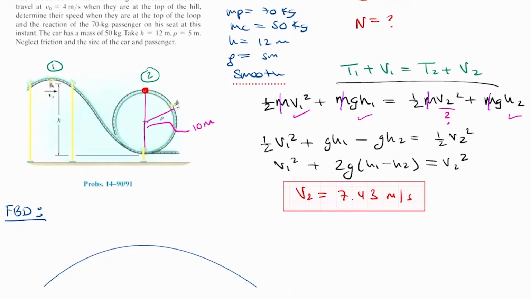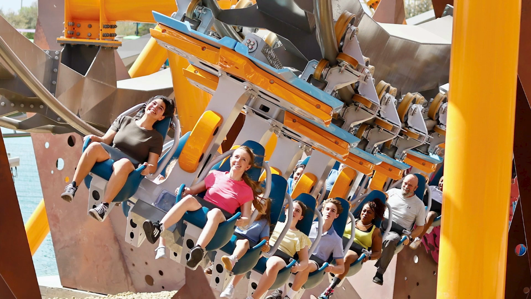At this point it will be upside down. This is one of those roller coasters, if you go maybe to Six Flags, where you're hanging. This is your seat, and you're hanging from the roller coaster.